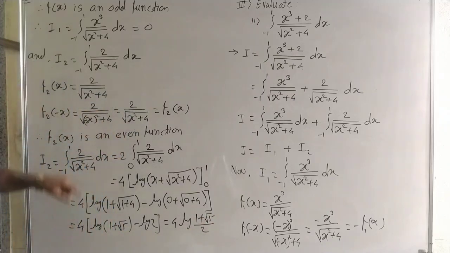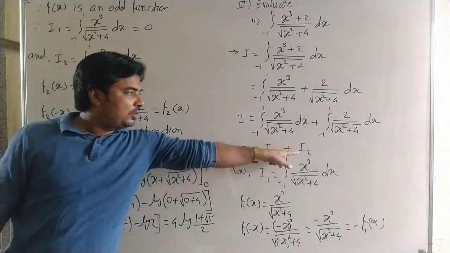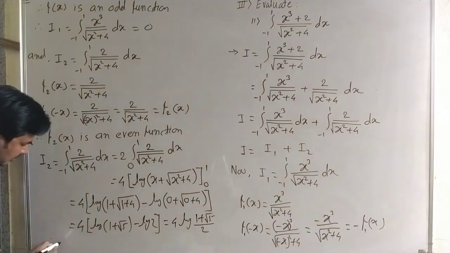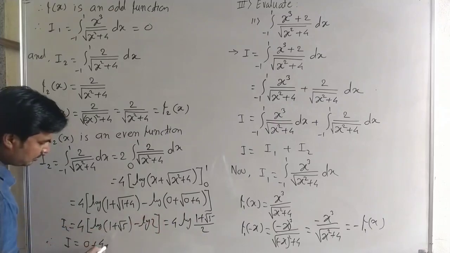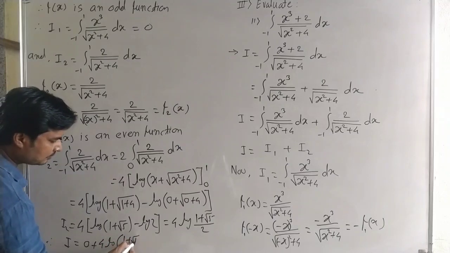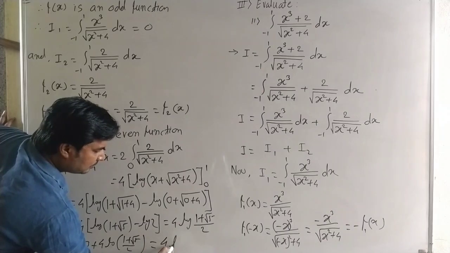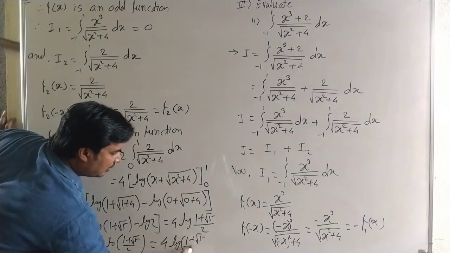Here it is the answer for I2, but we want to find I, it is 0 plus this. Therefore I is equal to 0 plus this 4 into log of 1 plus under root 5 upon 2, and that means the last answer is 4 log of 1 plus under root 5 upon 2.